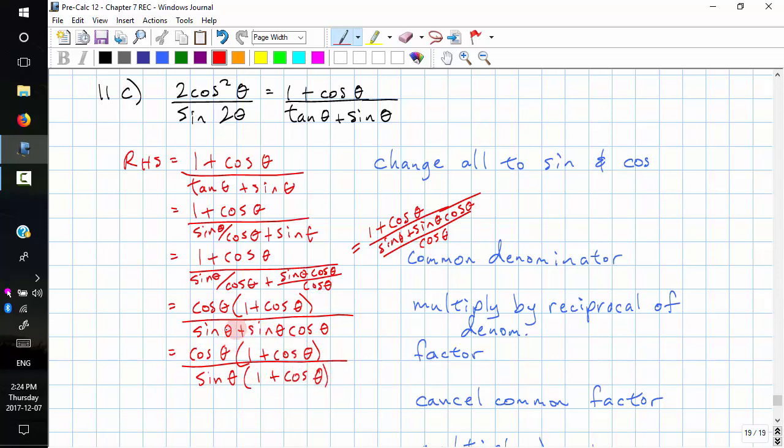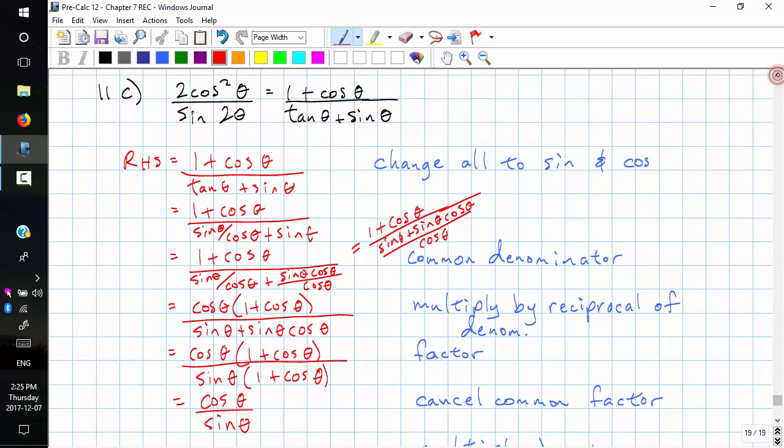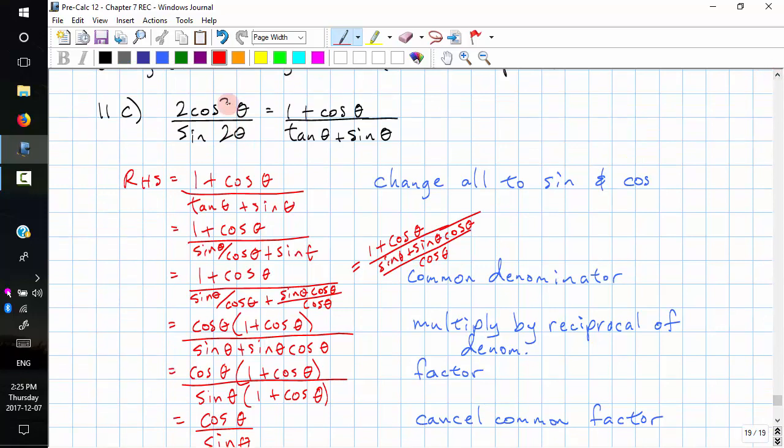Okay, so when we factor out the sine, we're dividing by 1. We get 1, we get cosine. And we want to cancel out the common factor, which is 1 plus cos theta, so we now have cos theta over sine theta. Okay, looking back, how do we get these two to look alike?